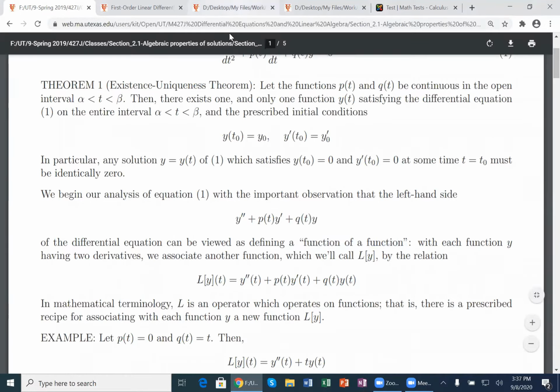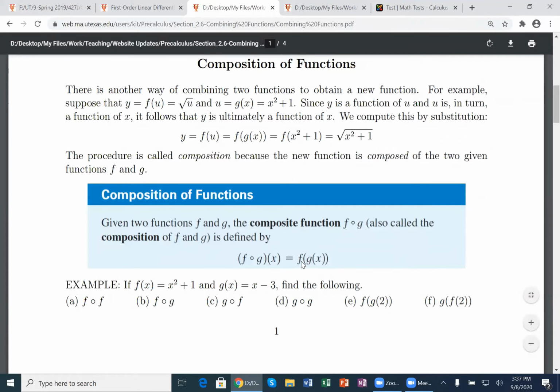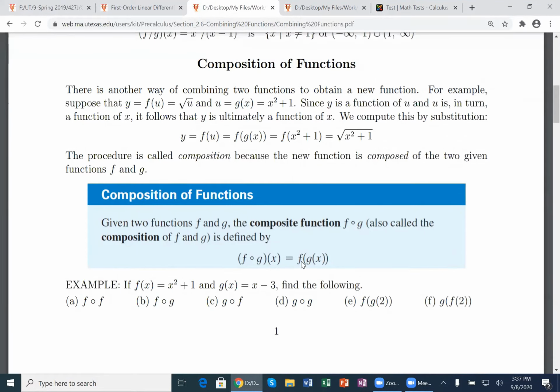Well, let us go back to pre-calculus. Note that we already discussed in pre-calculus a so-called composition of functions. F of g is called a composition of two functions f and g.